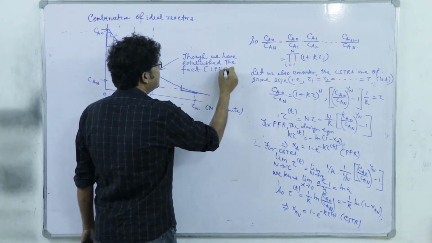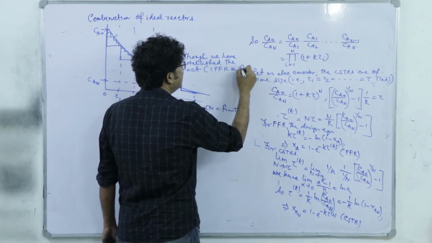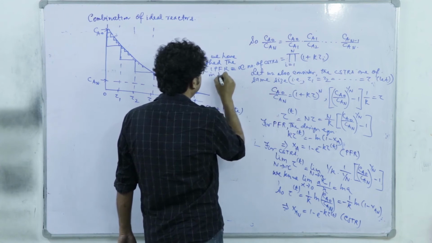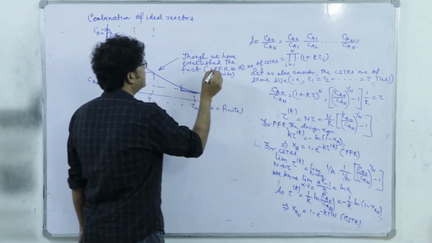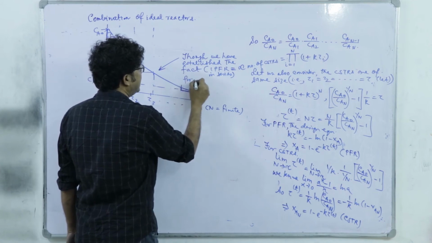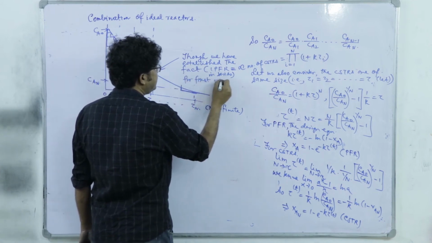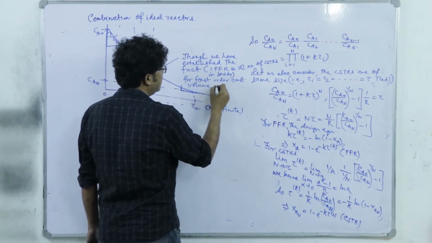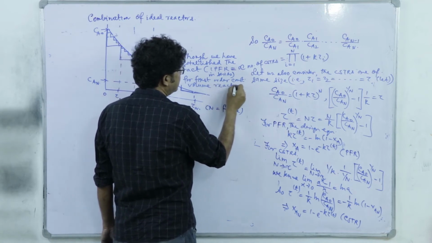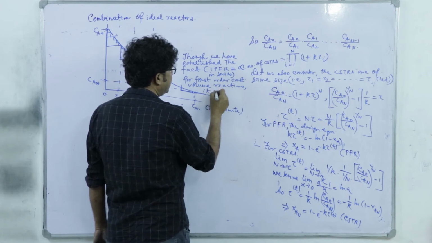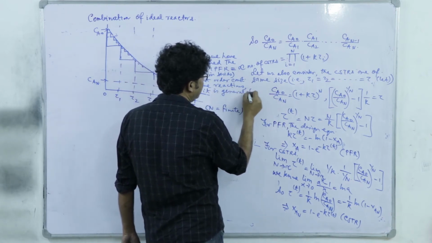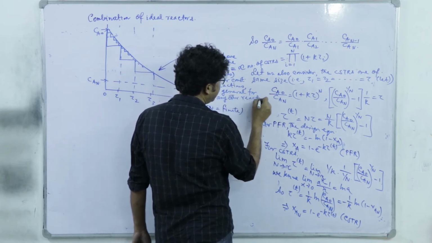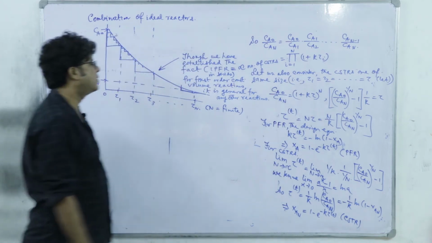One PFR is equivalent to an infinite number of CSTRs in series, right? Established for first order constant volume reactions, is it true, or is it general for any other reactions, right?